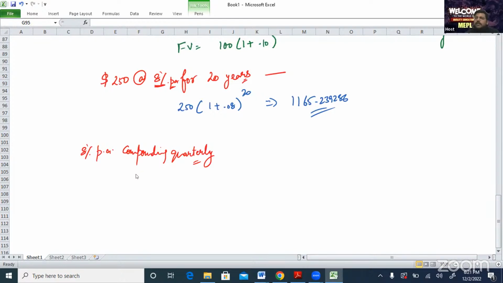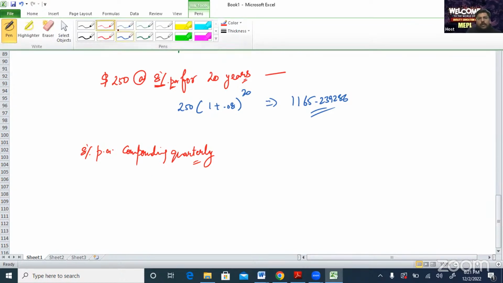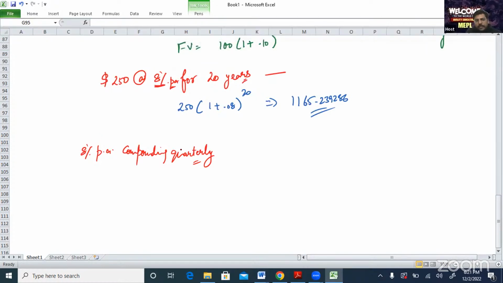Okay, so generally it happens. Now the question is, do 8% per annum compounding quarterly and 8% per annum, both these mean the same? Because if I talk about annual return, it is 8% only.